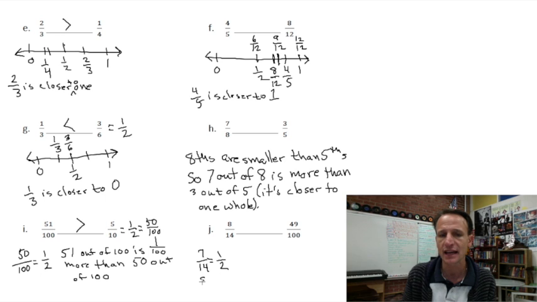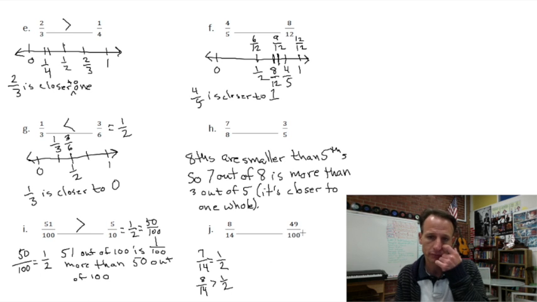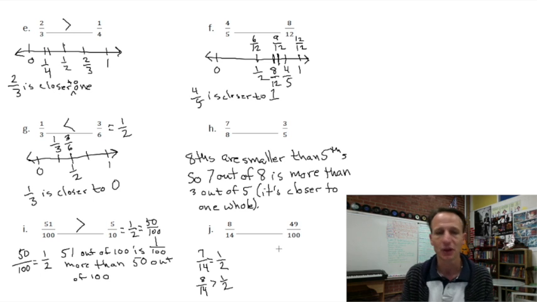So that means that 8/14 is a little bit more than a half, isn't it? It's a 14th more. Look at 49 hundredths. You're seeing it, aren't you? We just did this. We just said that 50 hundredths equals a half. That means that 49 hundredths is a little bit less than a half, right?